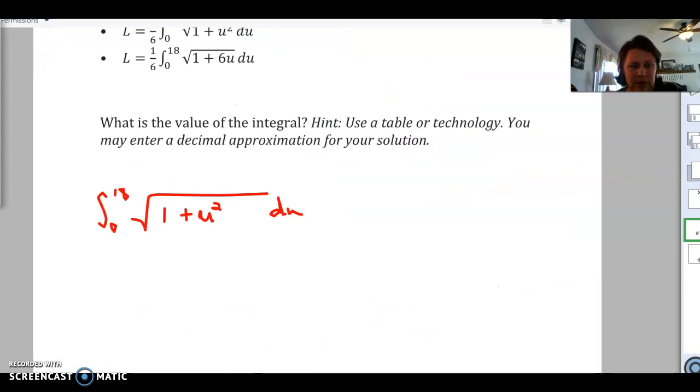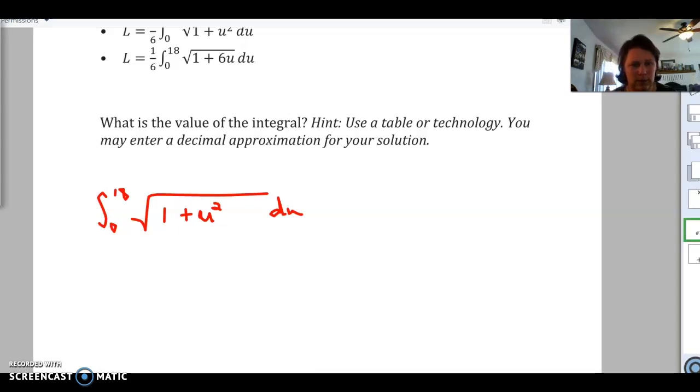All right, so then I put this into my calculator. So I'll basically run through how you do that on your calculator. You'll want to go into math. So click on math and then number 9, or scroll down to where you see number 9, and it'll say FNINT for integration. And then the very first thing that you need to put in is what the equation is. Now you can put the equation in right here if you want to.